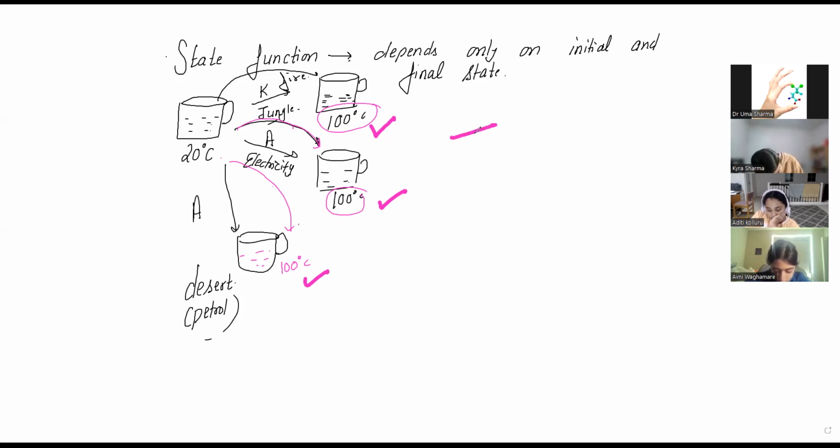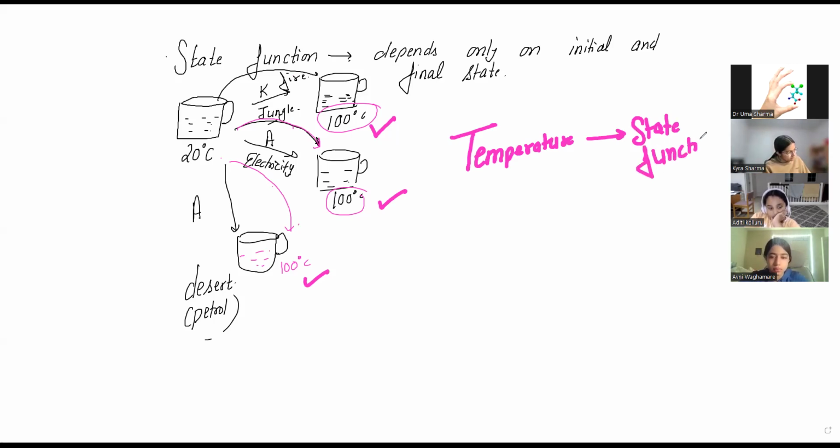So what is temperature? Temperature is a state function. It depends only on the initial temperature and final temperature. It doesn't matter how you have reached it. Paths are different. In one case, I'm using fire. In one case, I'm using a heater, electricity.